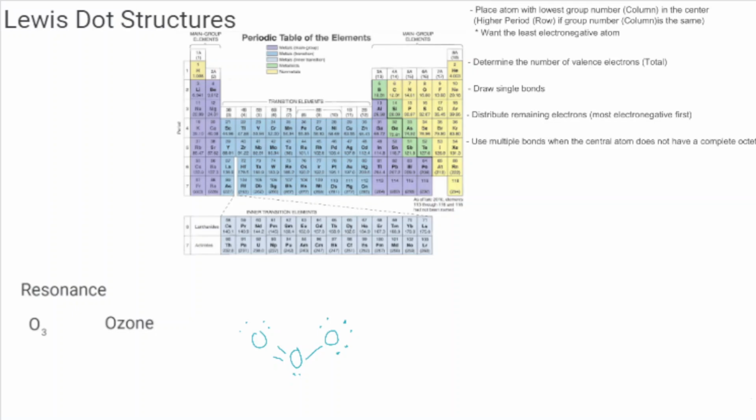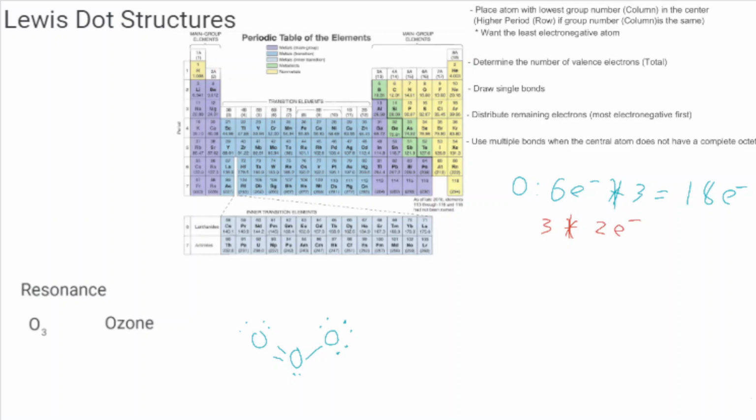And we can go through and double check to make sure this does work out. So we're going to go ahead and say oxygen has 6 valence electrons. We have 3 oxygens in total. So this is 18 valence electrons. For our bonds, we have 3 bonds at 2 electrons each.